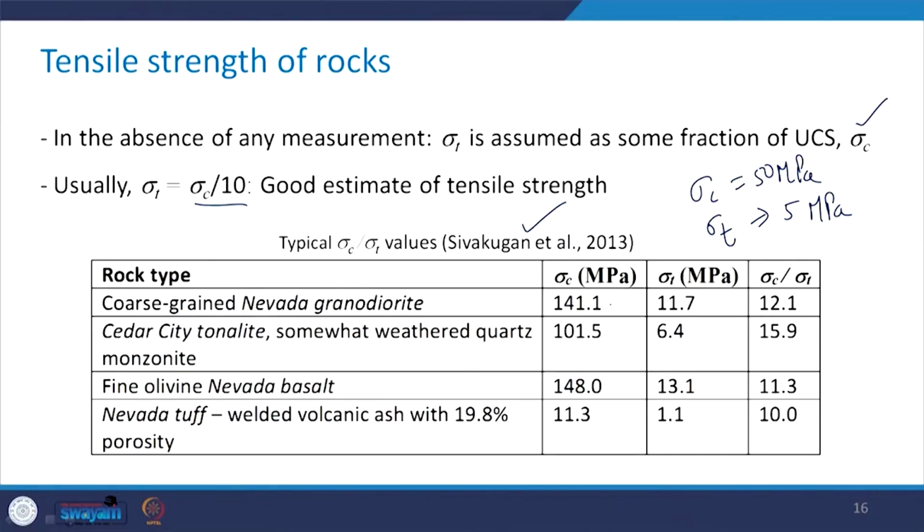So sigma c upon sigma t, you can see that it is of the order of say 12.1. Similarly, for these different types of rocks, here are the sigma c upon sigma t values. So in general, it has been seen that if you take sigma t equal to sigma c upon 10, that gives a reasonably good estimate of the tensile strength.